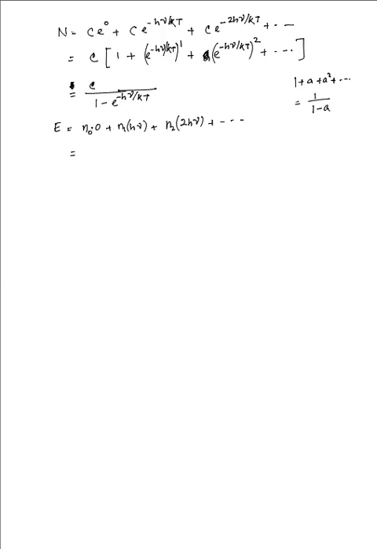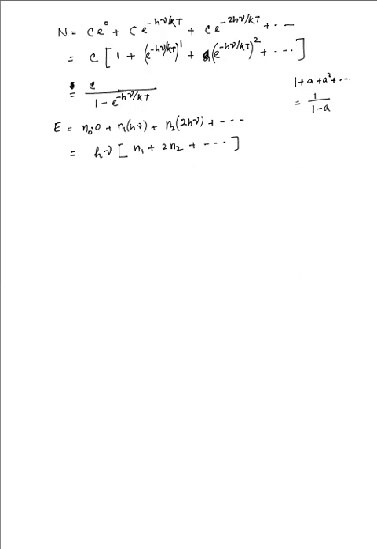The first one goes to 0, of course, because n0 times 0 is 0, while for the second one we can take h nu to be common for all of them, so what we are left with is n1 plus 2 times n2 plus 3 times n3 and so on.